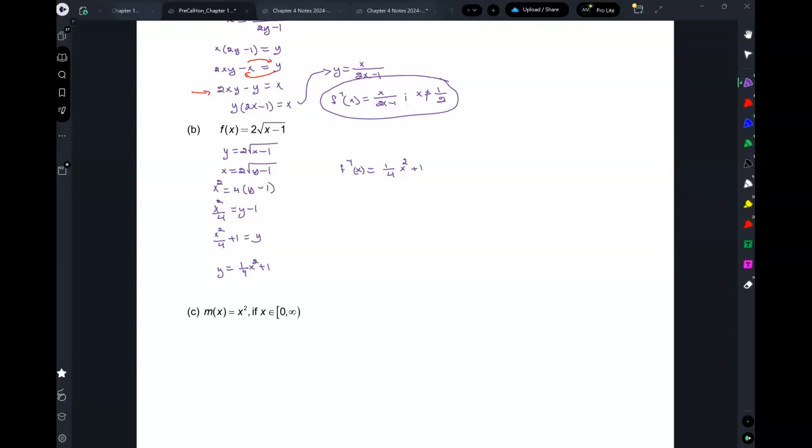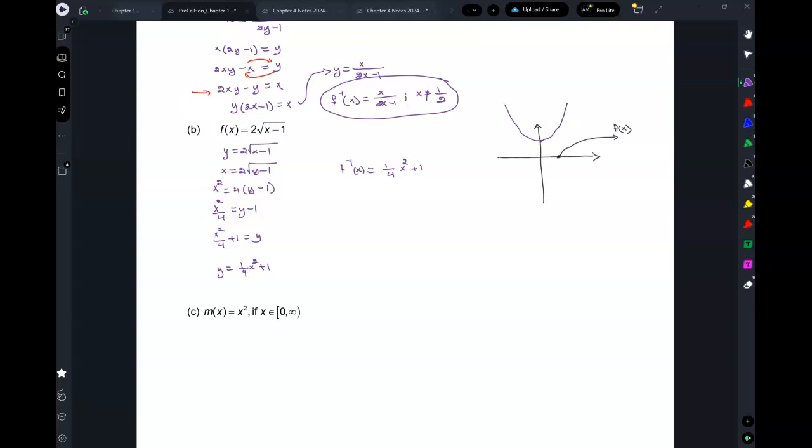Okay, but now there is a mismatch here, right? Because if you graph f of x, it's 2 times root x minus 1, right? That's f of x. If you graph f inverse of x as we have right now, it's a full parabola right here.